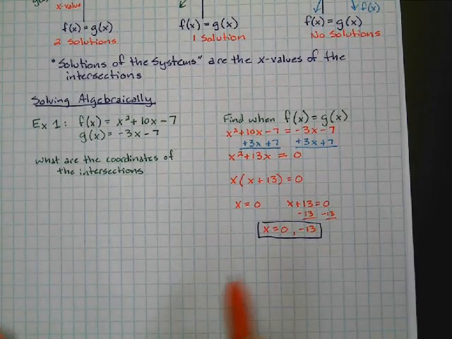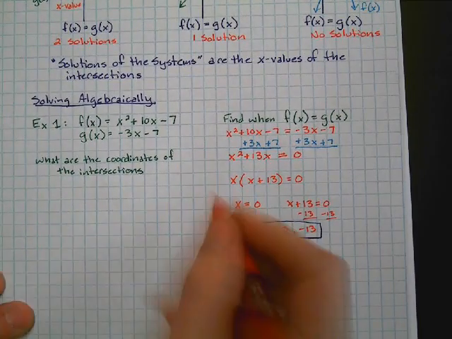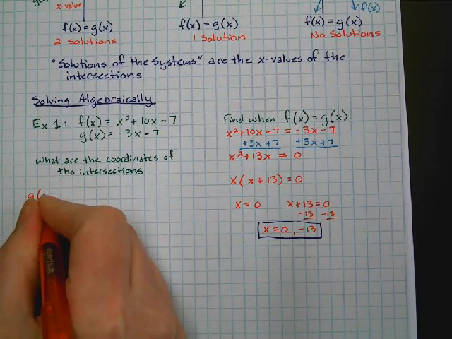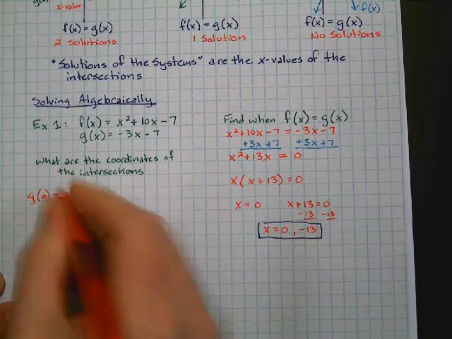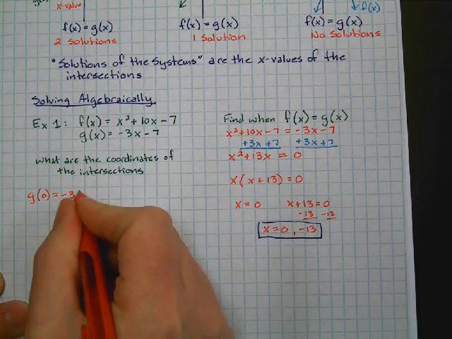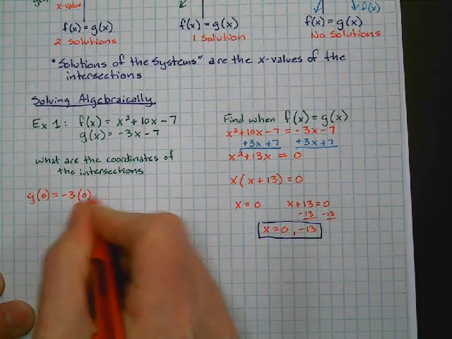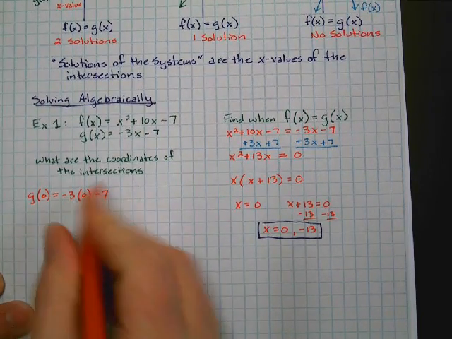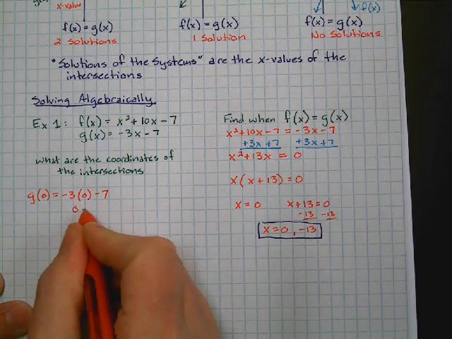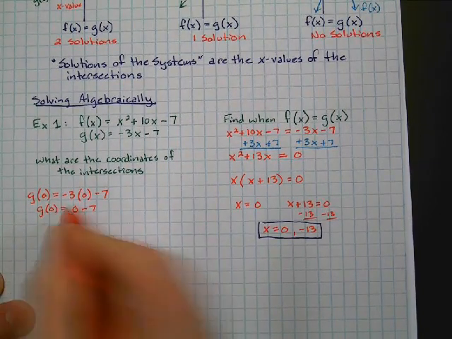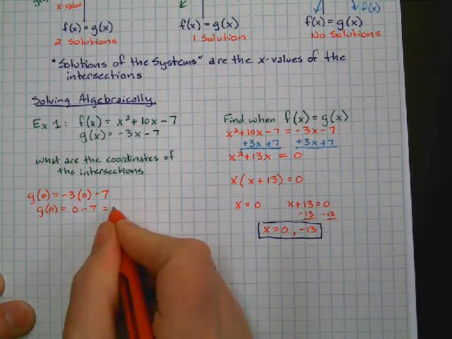So let's find out the first coordinate. For the first coordinate, I'm going to plug in 0 for x, so I'm going to find g of 0. So I do negative 3, and instead of x, I plug in 0. Negative 3 times 0 is 0, and I get negative 7.